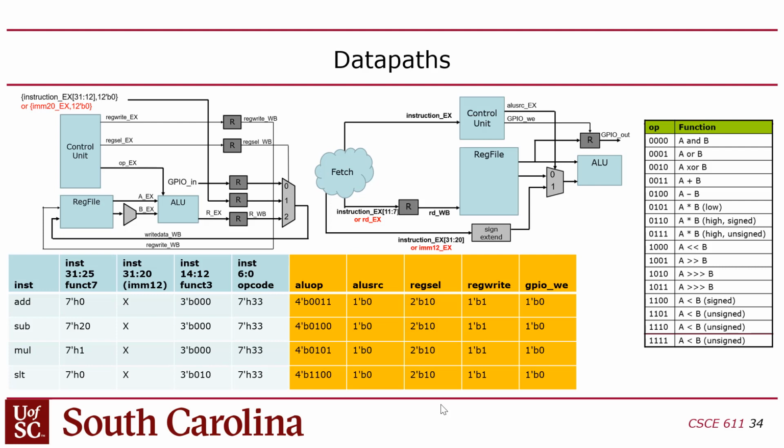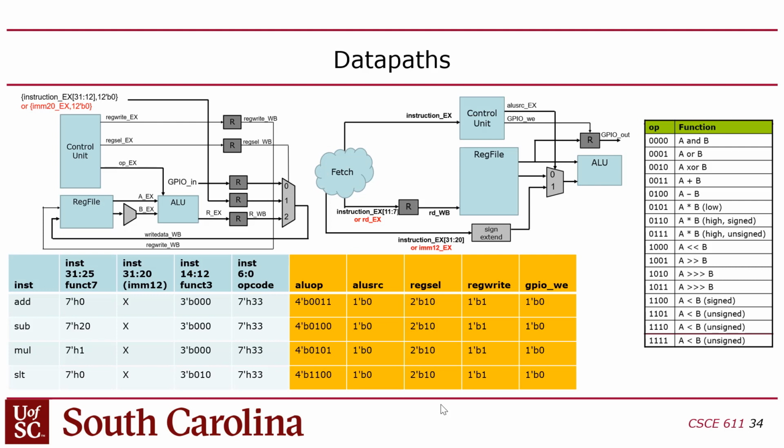Reg select should be 2 for all 4 because the value being written back is coming from the ALU. Reg write is 1 for all 4 because all 4 of these instructions write a register. And the GPIO write enable should be 0 because that's only set for the CSRRW when you update the hex displays, right? So out of the 5 control signals, 4 of them are the same for all 4.